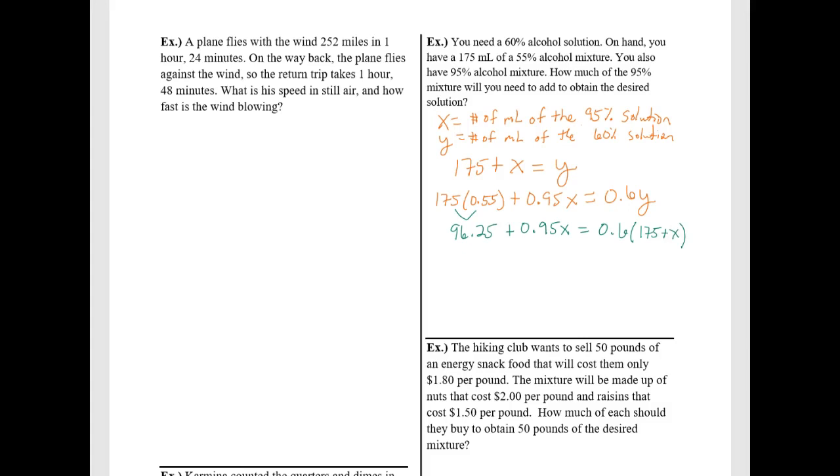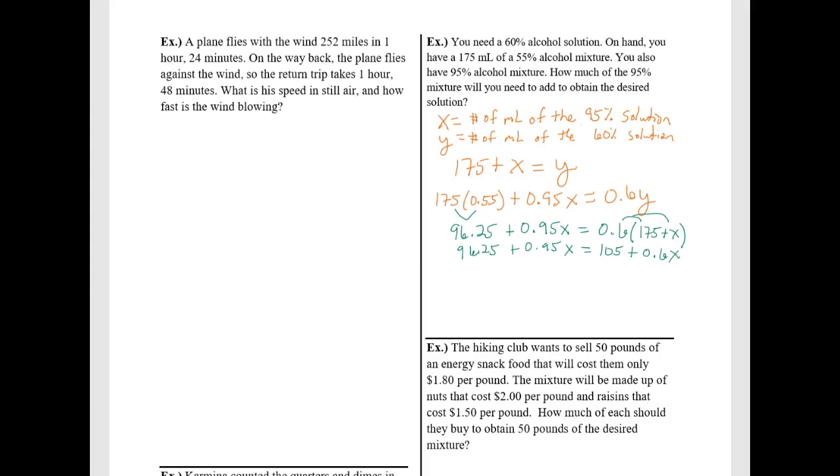Now I have one equation with one variable. I can solve it. The goal is to get x alone. I'm going to start by distributing, getting rid of those parentheses. Just copy down the left-hand side. And 0.6 times 175 is 105, and 0.6 times x is just 0.6x.